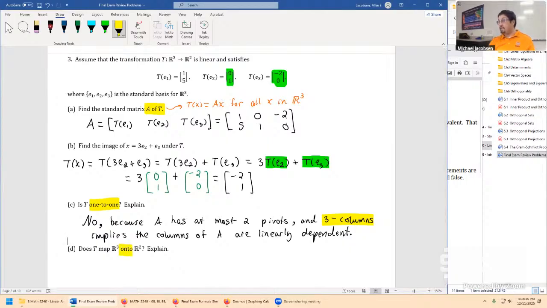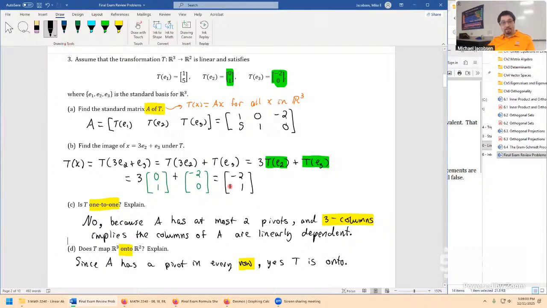So let's just say that here. Since A has a pivot in every row, this is connected with being onto, the pivots among the rows. And if there's a pivot in every row, we can say yes, T is onto.